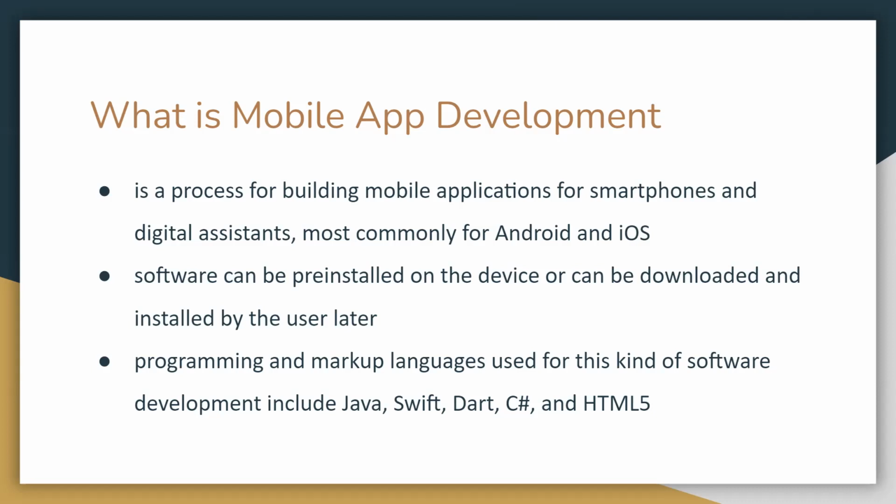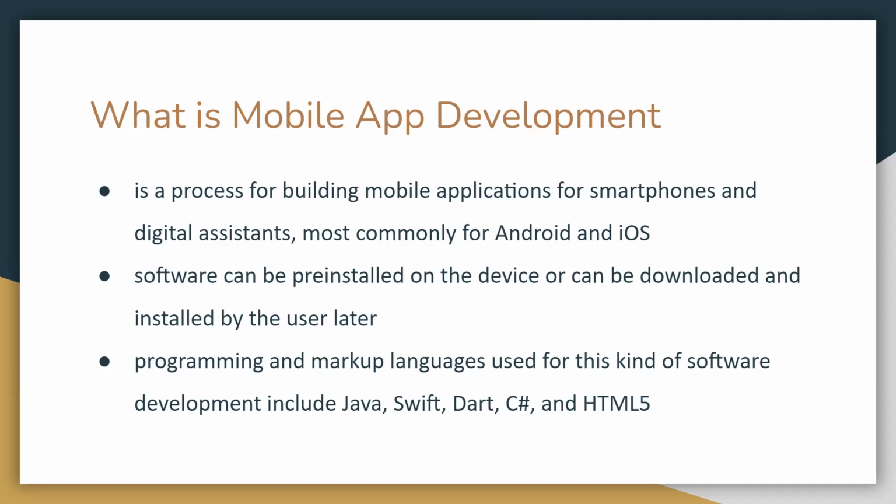And recently, in this era of Internet of Things, you build mobile applications as well for digital assistants like Alexa, or even TVs. Right now, you can find mobile applications in TVs, smartwatches, and many other devices. This software can be pre-installed on the device or downloaded and installed by the user later.